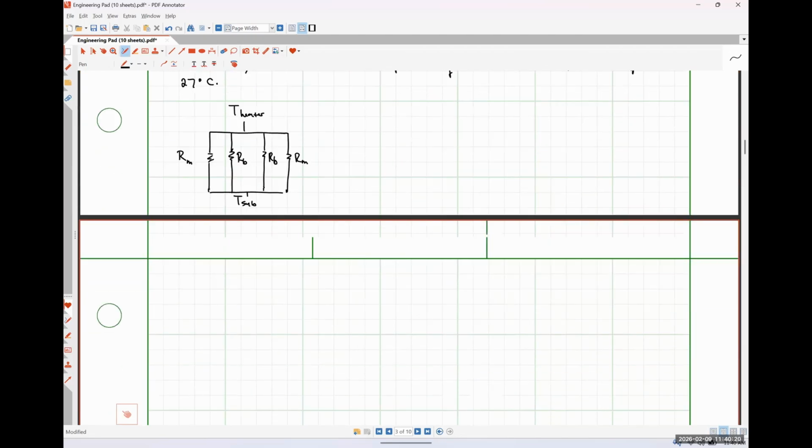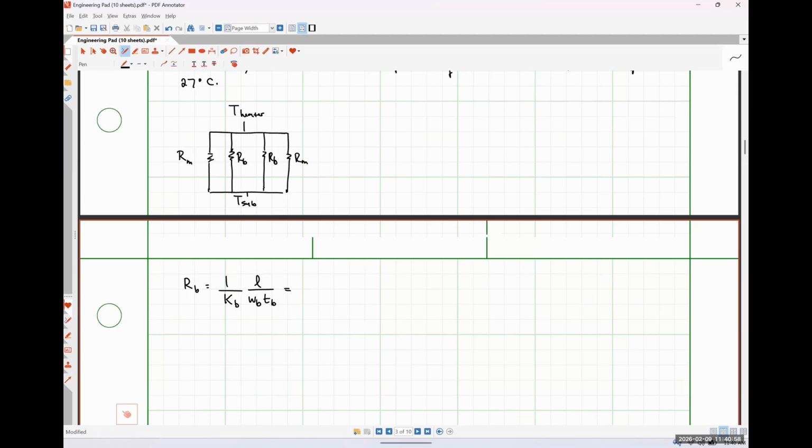So the thermal resistance of the beam is just going to be 1 over the K value for the beam times our length over our area, which is going to be the width of the beam times the thickness of the beam.